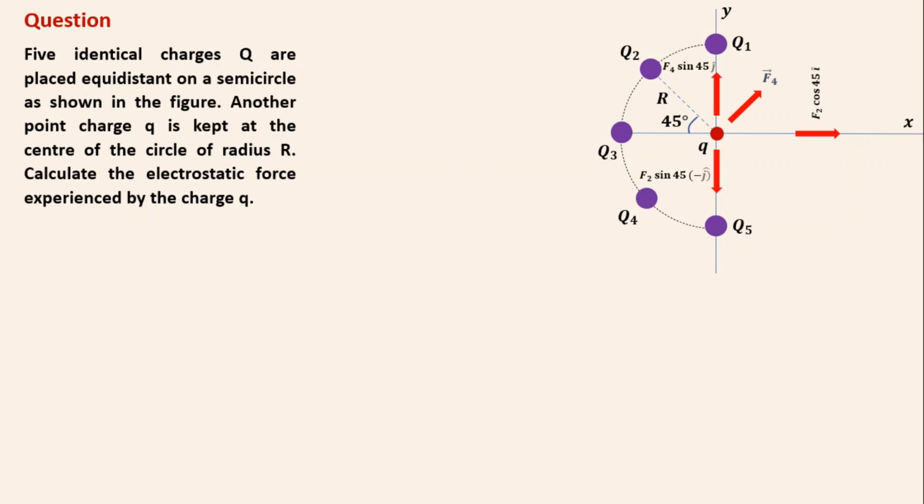We resolve this into two components, F4 sin 45 along positive y-axis and another F4 cos 45 along x-axis. Now the vertical components of F2 and F4 are equal in magnitude but opposite in direction, so they cancel each other.